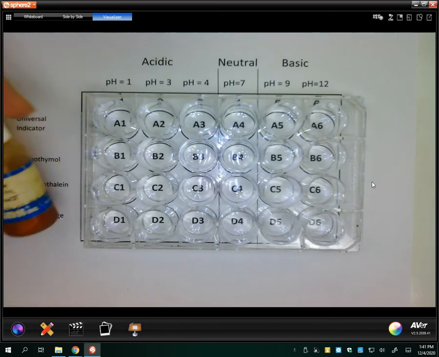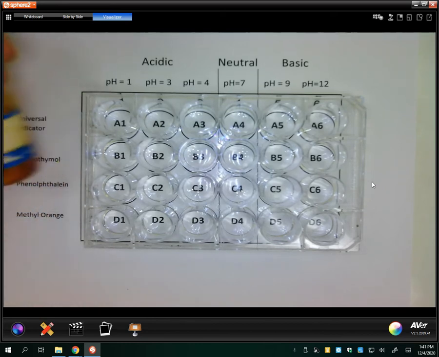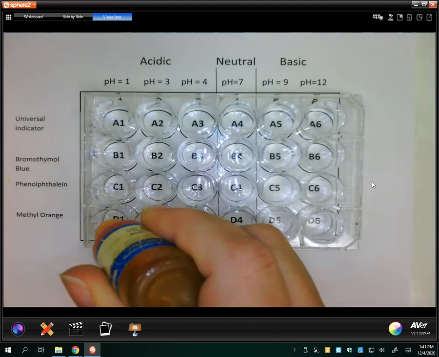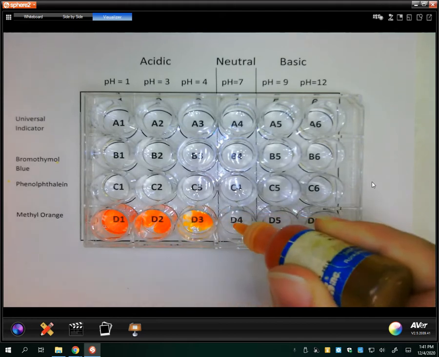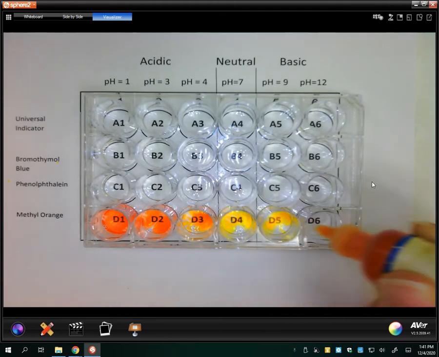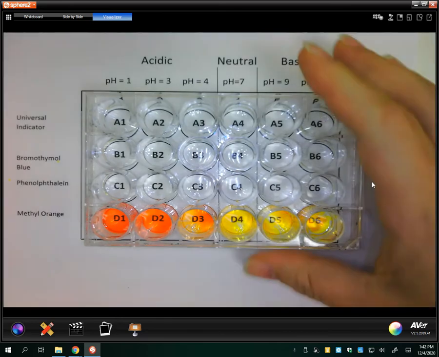The first one I'm going to use is methyl orange, and you can see that it is orange inside the bottle. But as I put this into my acids, you're going to see that they turn red. In bases and in neutral, they stay that nice orange, maybe even almost a light yellow color.